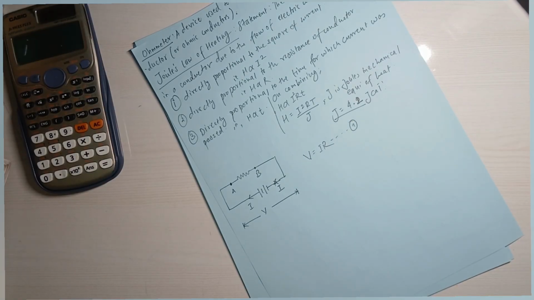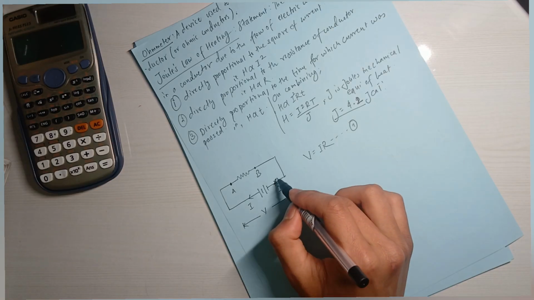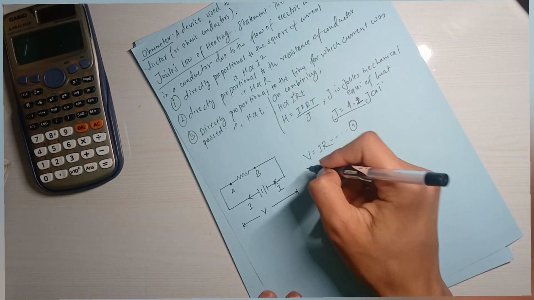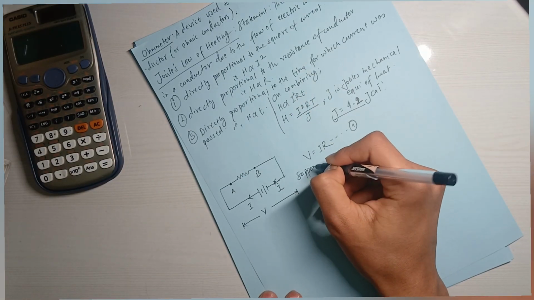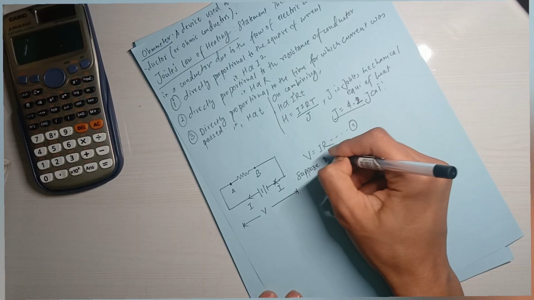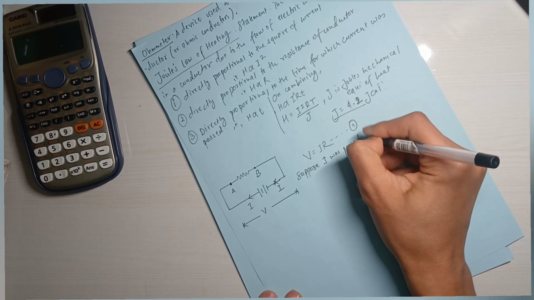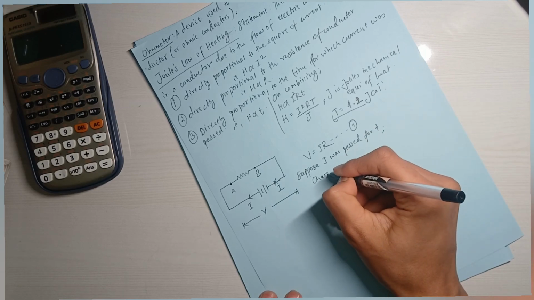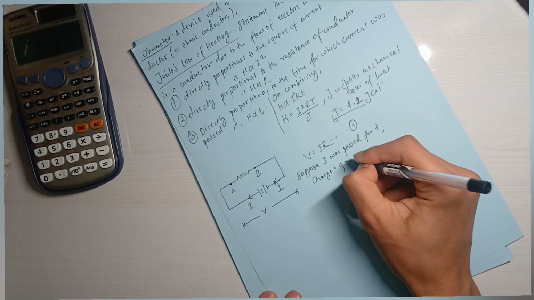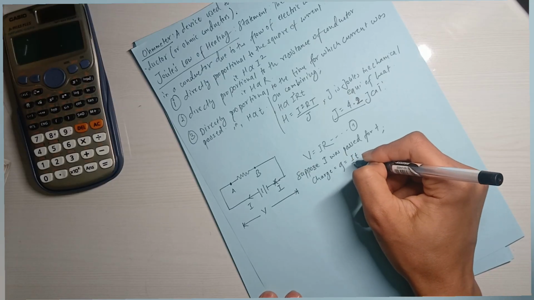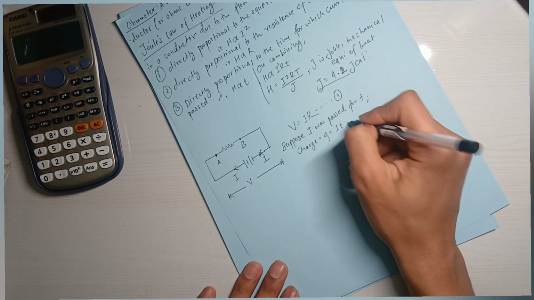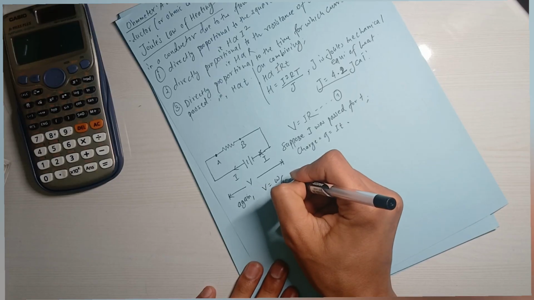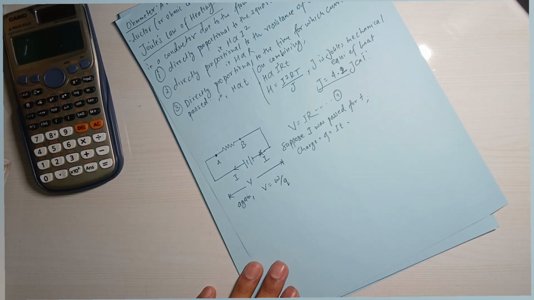Now let's suppose the current I passed through the conductor for some time t. We need some charge relation. Since I equals q by t, charge q will be equal to It. Again, V is equal to W by q, we also know that.